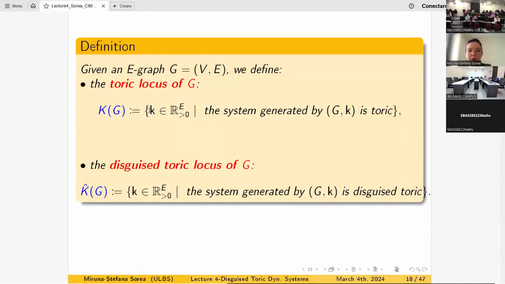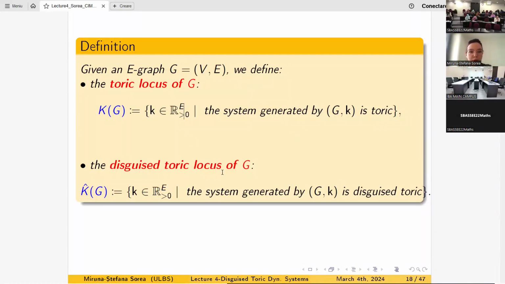The toric locus is what we saw last week. These are the K's, the parameters, such that the system generated precisely by our graph, the pair GK, is toric. Here you really only think about our graph G, exactly what we were seeing last week.